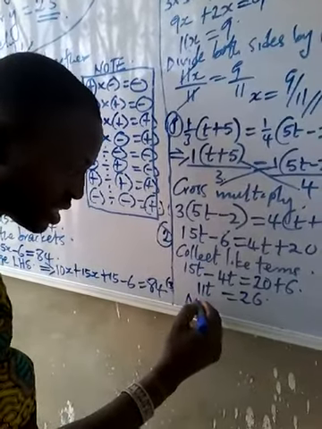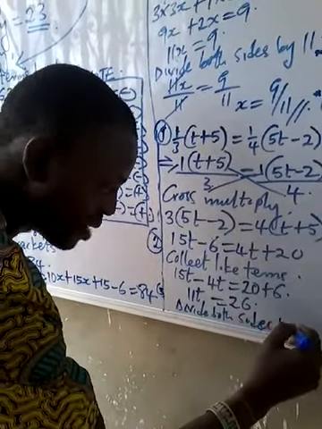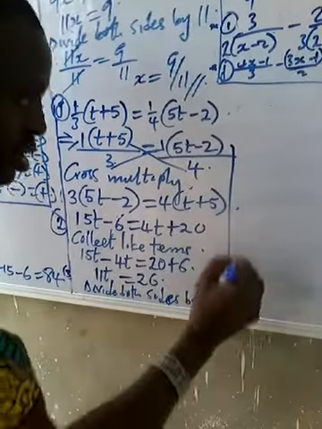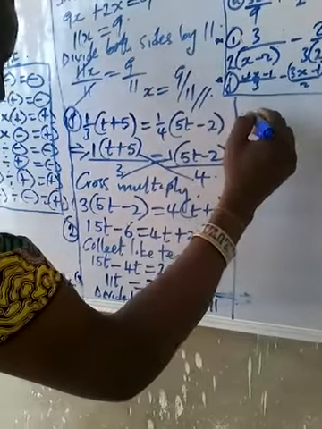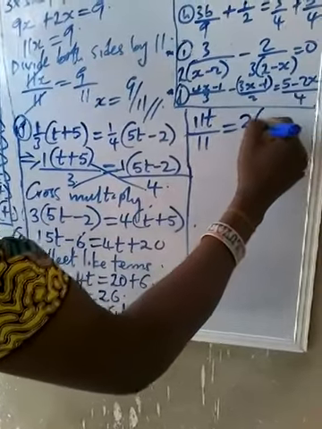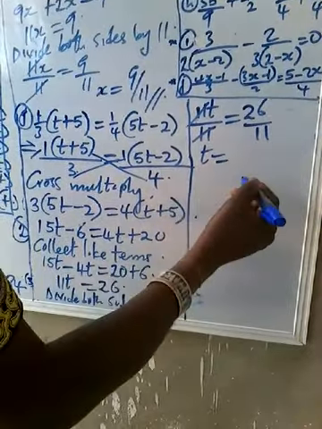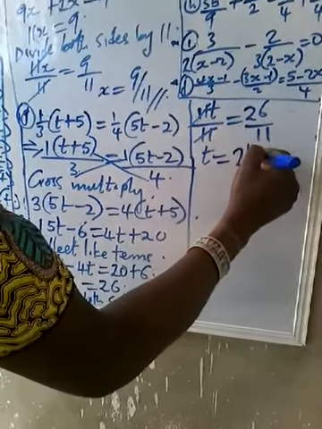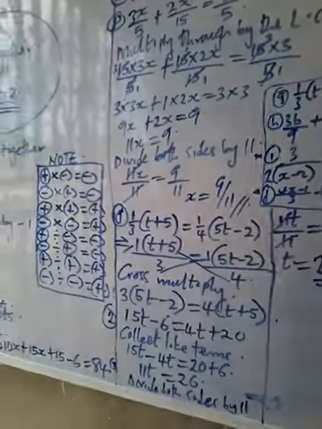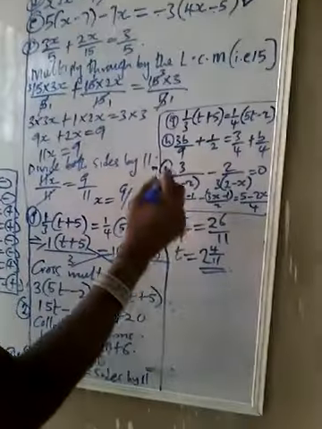And then you say divide both sides by 11, and that should give you 11t divided by 11 is equal to 26 divided by 11. 26 divided by 11 will give you 2, remainder 4, so 2 and 4 over 11. That's a good answer.